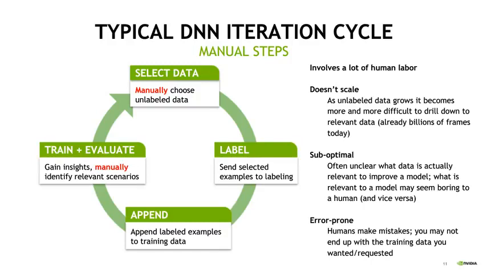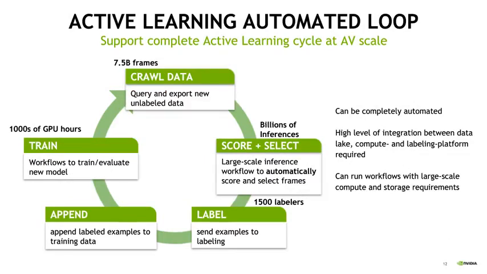So where active learning comes in is this fundamental idea that we'd love to use models as a way to query raw data and help us select raw data in a way that's more principled. So the idea now is that we start from a step that's called crawling data. That step basically starts with the pre-trained models.